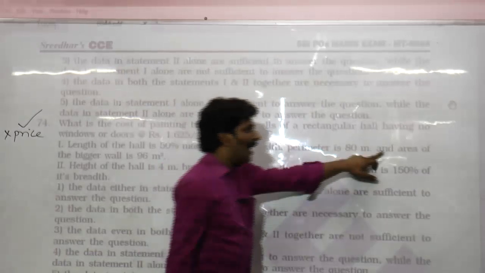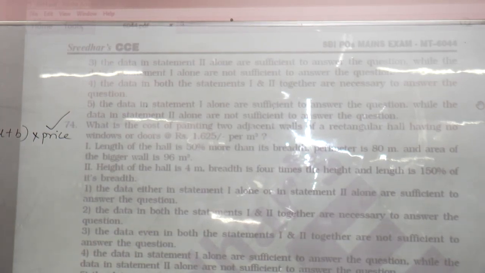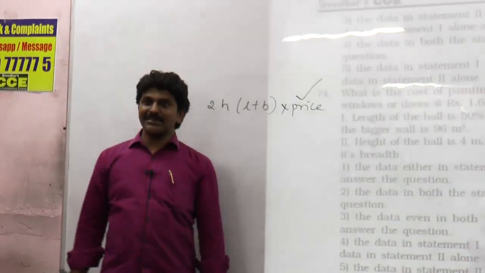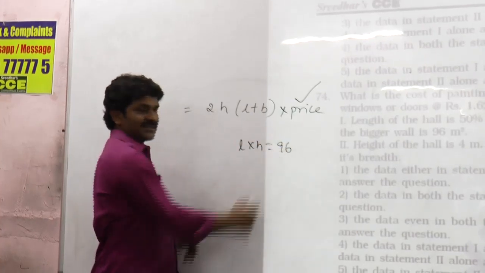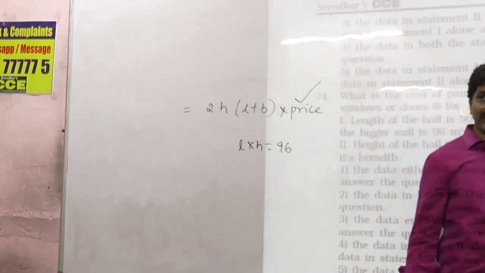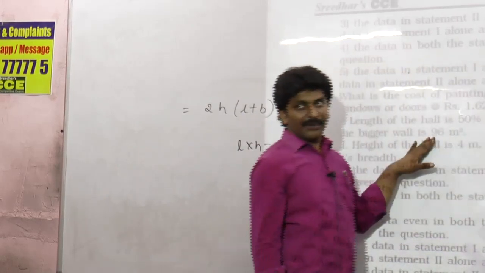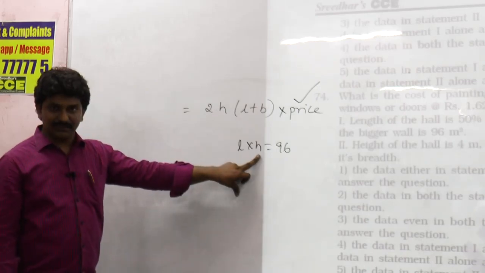And area of the bigger wall is 96. The bigger wall will be the one associated with length, in the sense length into height. That is given as 96. Using first half of the information, you can calculate length and breadth individual values. Once you know length, you can calculate height also.